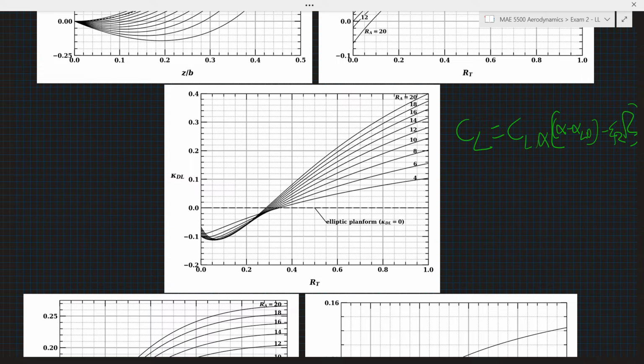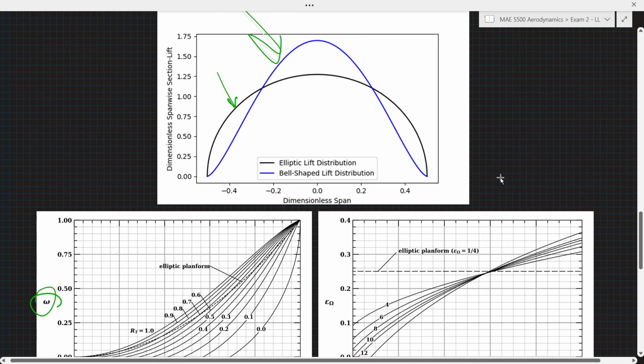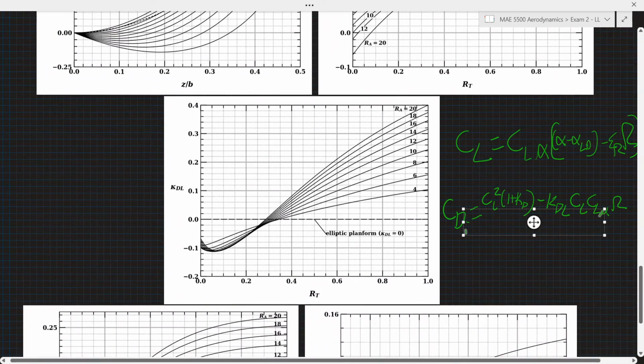If we go back once again to these equations, CDI is going to be CL squared times 1 plus kappa D minus kappa DL, CL, CL alpha, omega. I'm writing a little bit big, so let's see if I can make it a little bit smaller.